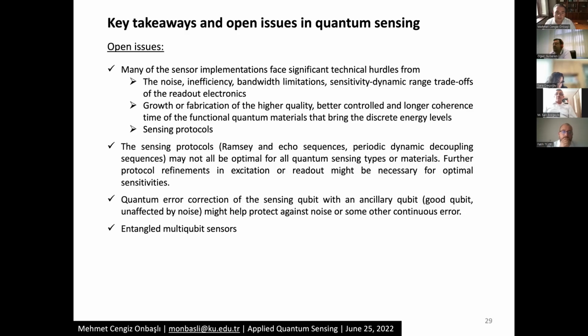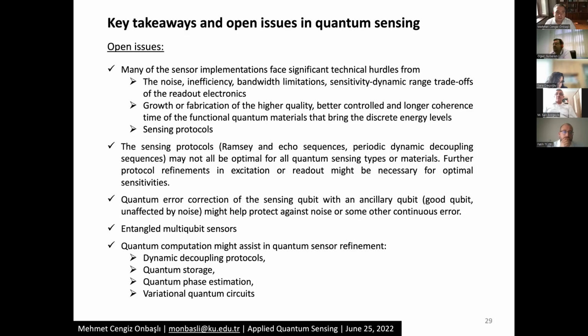This brings me to the last part, which is the cutting-edge research on, for instance, quantum phase estimation and variational quantum circuits, which can be used for exploring the optimization of these sensing protocols further.